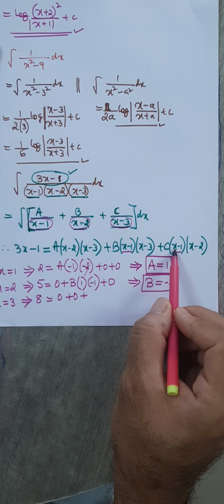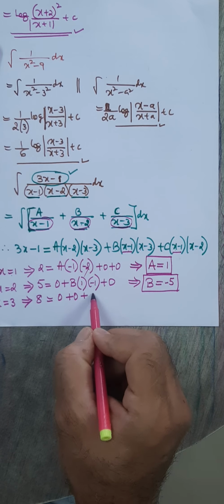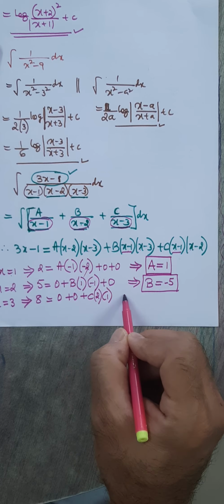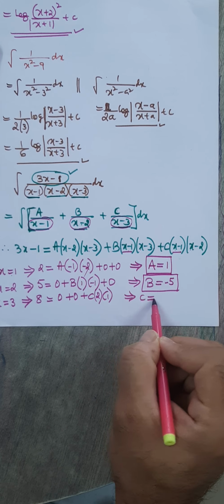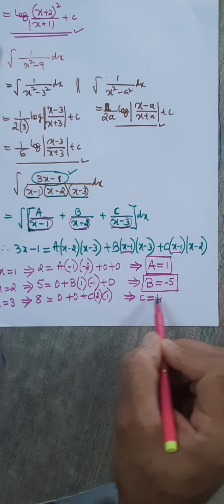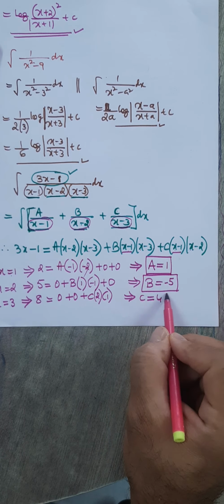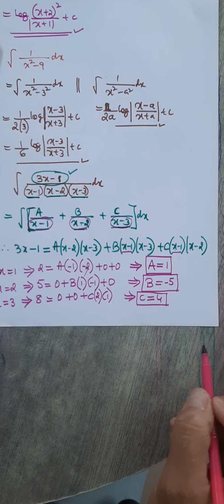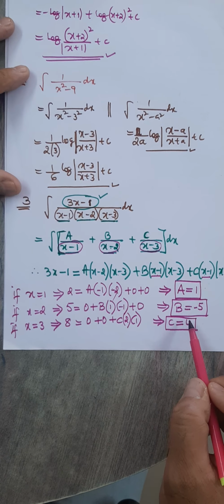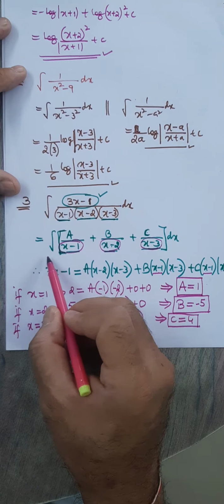If I put 3 here, 3 minus 1, that is 2, and 3 minus 2, which is 1. So from this, C is 8 by 2, which is 4. So you got A, B and C. And now we put these three unknowns in this expression.